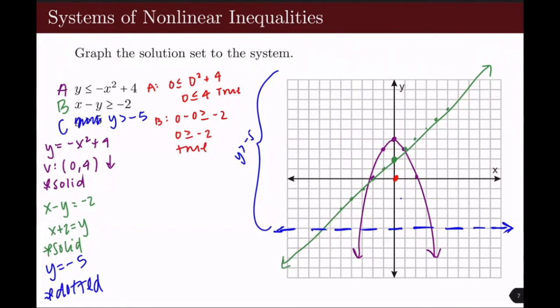Now note, if I pick another point above this green line, so I'm here in this zone right here, so I can't cross any of my lines.